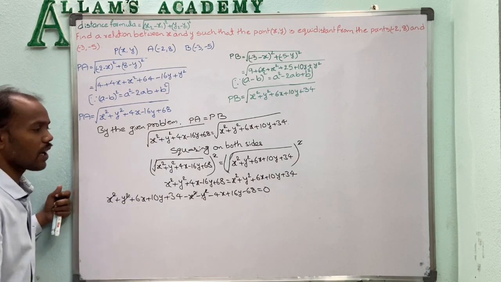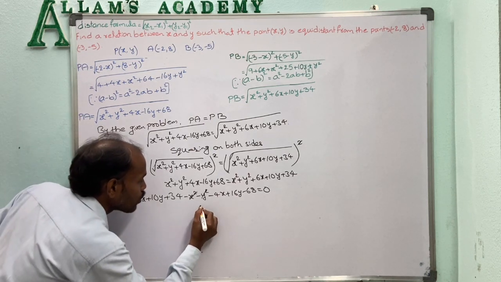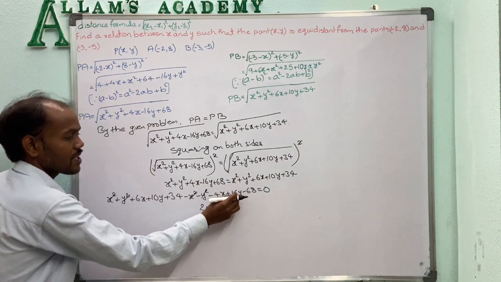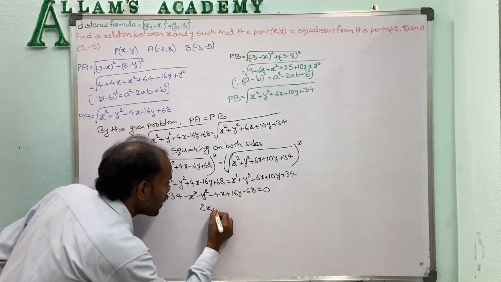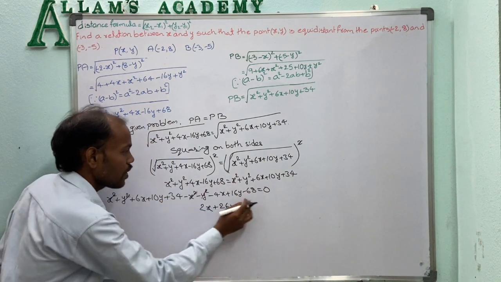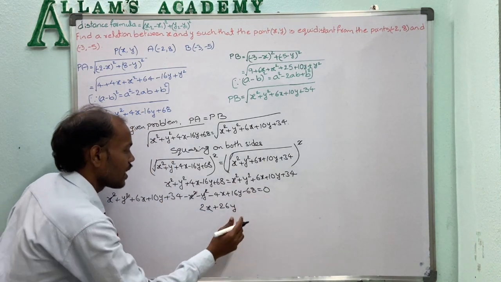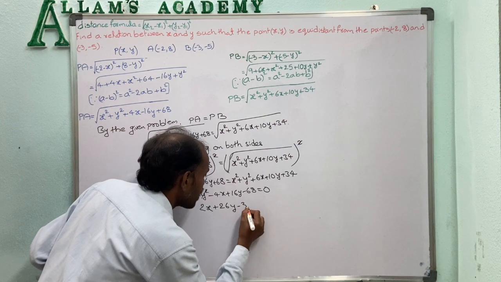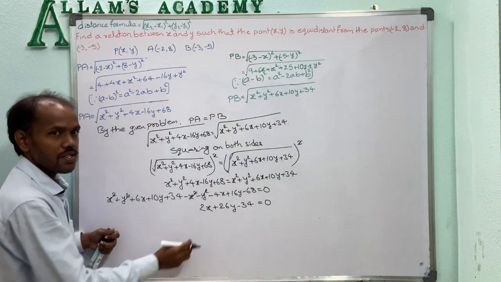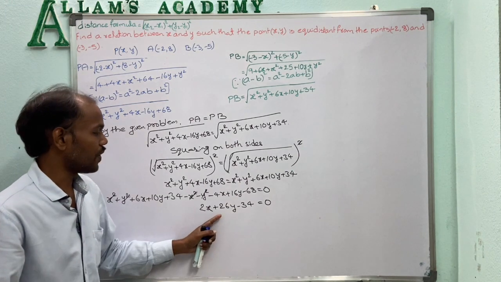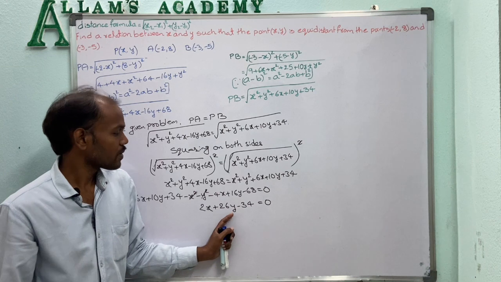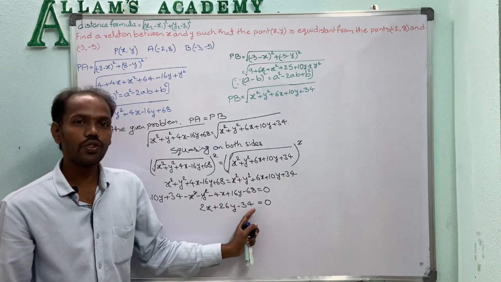6x minus 4x, that is nothing but 2x, plus 10y plus 16y, that is equal to 26y, plus 34 minus 68, that is nothing but minus 34, is equal to 0. Now here 2x we can write as 2 into x, 26y as 2 into 13y, 34 as 2 into 17.